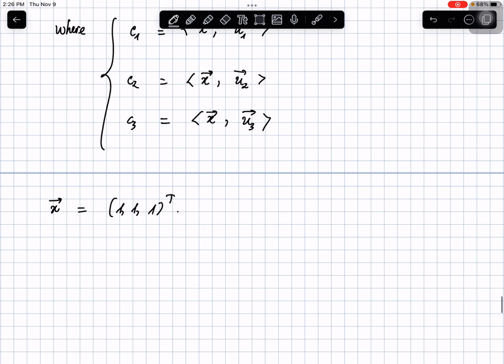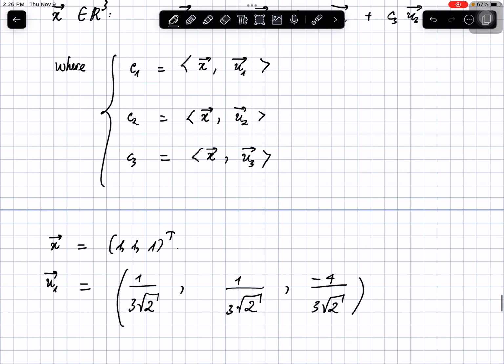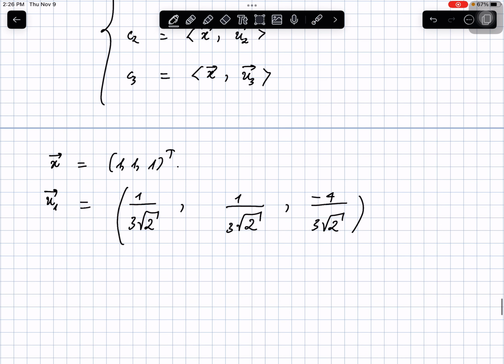And u1 is 1 over 3 root 2, 1 over 3 root 2, and minus 4 over 3 root 2. When we compute the inner product of x and u1, this is c1.